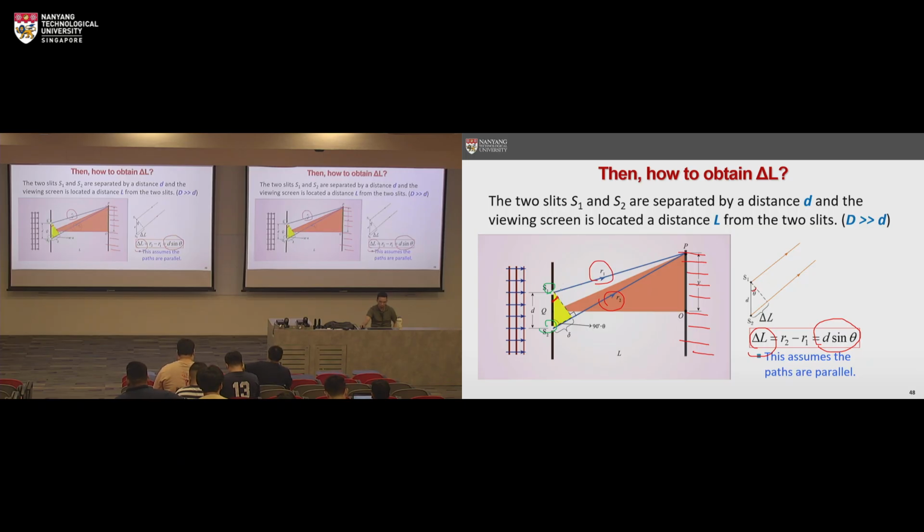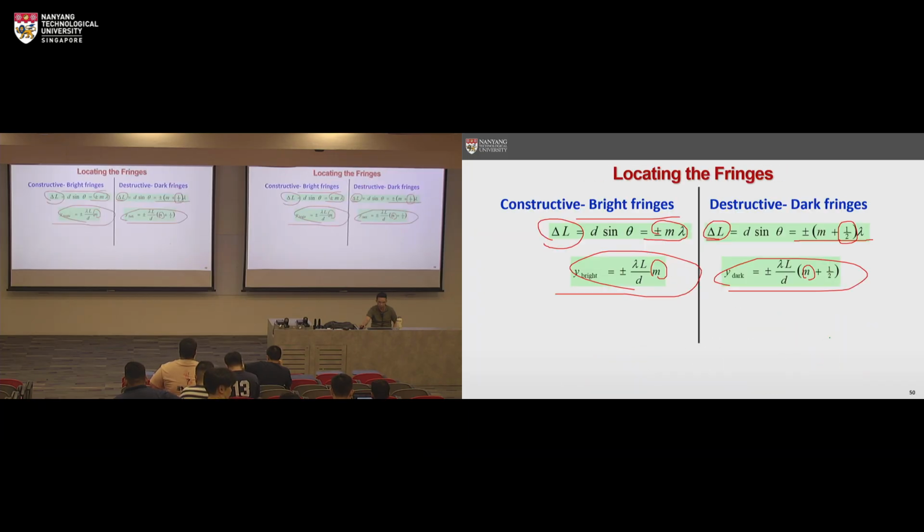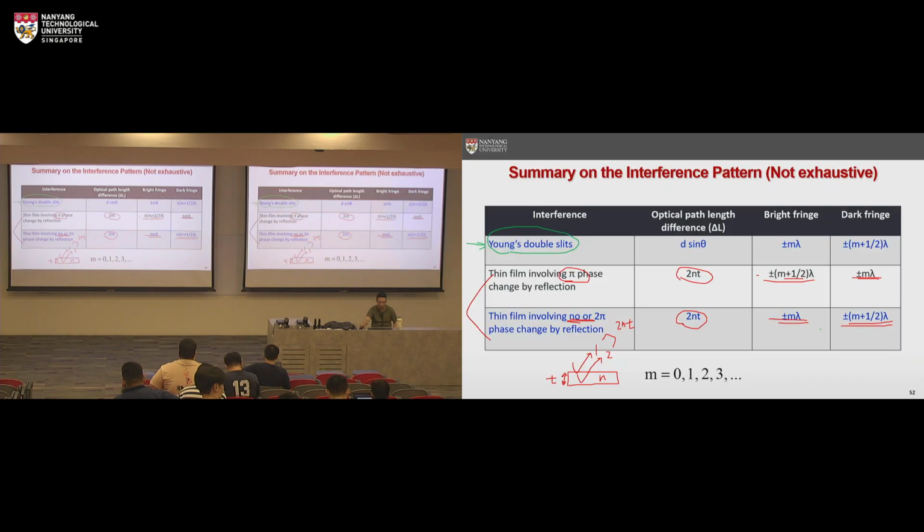After your light passes through the double slit, it separates into ray 1 and ray 2. The difference between ray 1 and ray 2 is d sinθ, according to calculation. The optical path length difference is d sinθ. If it is a bright fringe, it is equal to mλ. If it is a dark fringe, it equals (m + 1/2)λ.